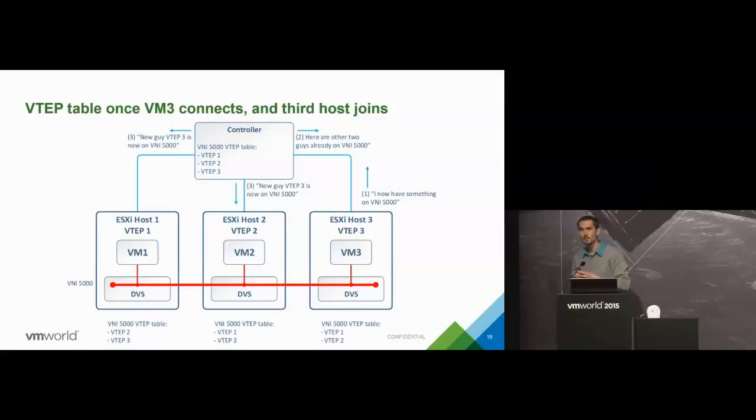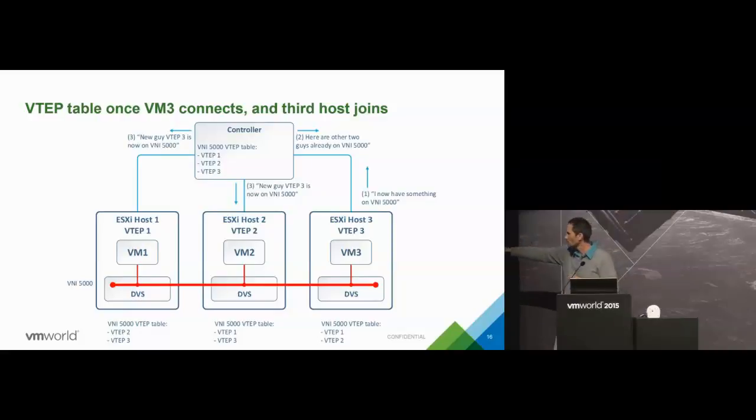Okay, does that make sense? If we have, for example, 8 hosts, but only 3 hosts have VMs on that VNI, there are still going to be 3 entries in the VTAP table, not 8. That is very important when you're looking at replication. If host 1 sends a frame that ESXi host 1 doesn't know where to send, it's not going to send it to all 8 hosts.